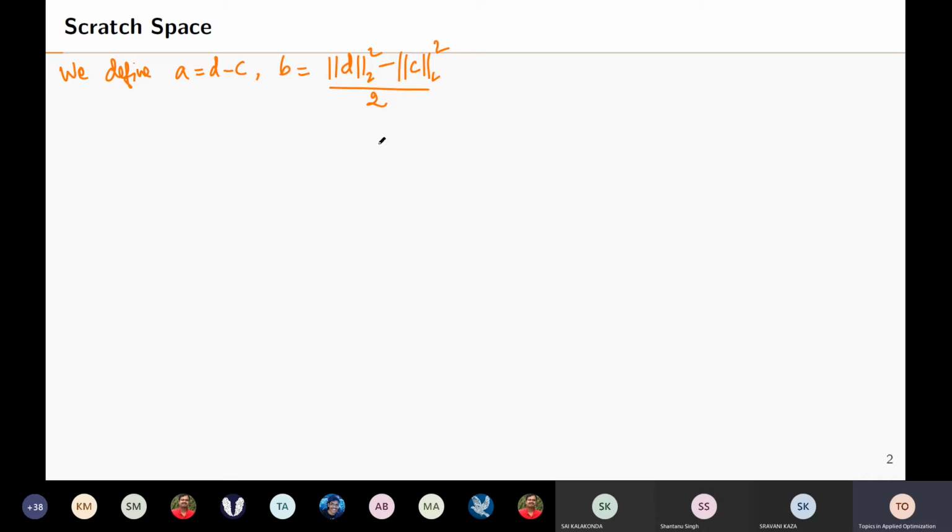This might look like a well-cooked choice, but these things usually happen when you keep working and then come out with this. I have put this up front, but we will see how it makes sure that C lies on the left half space and D lies on the right half space.